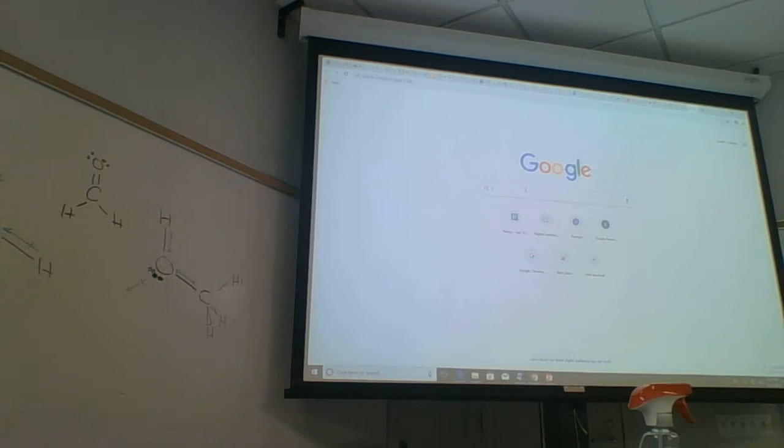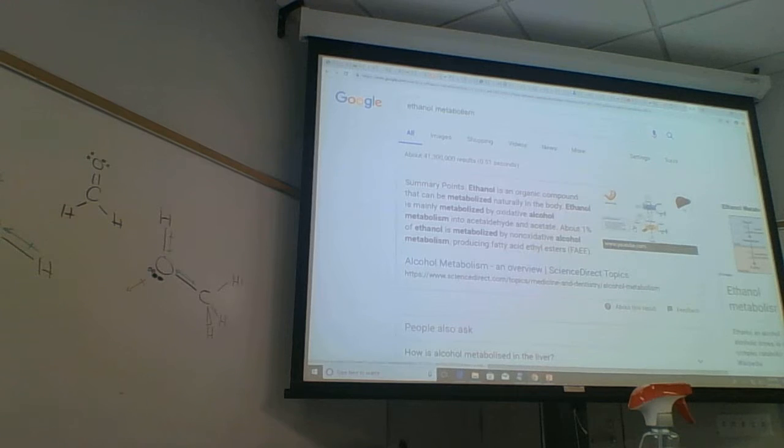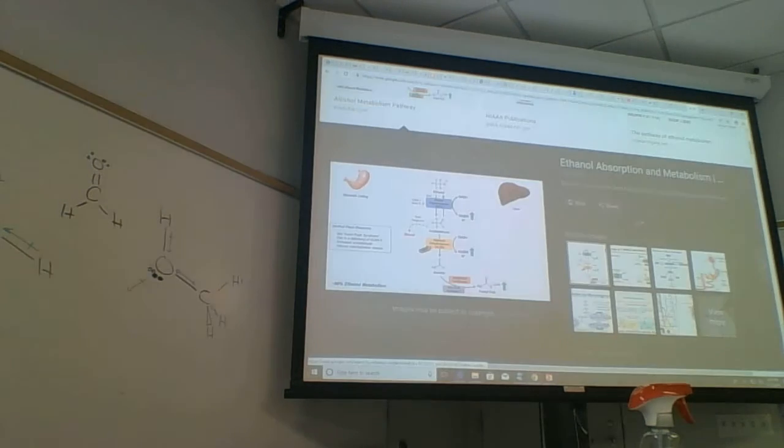In the body, when we look at ethanol metabolism, it doesn't happen in one step.